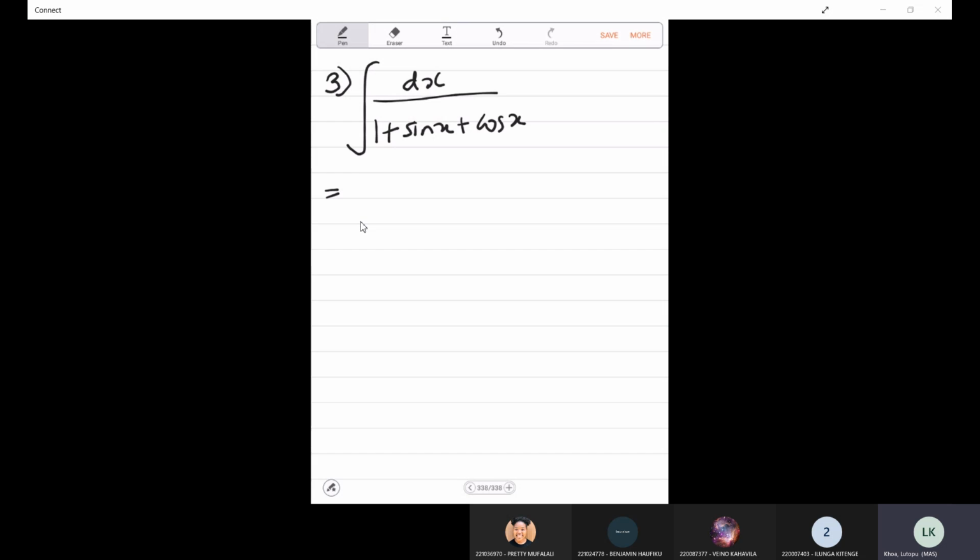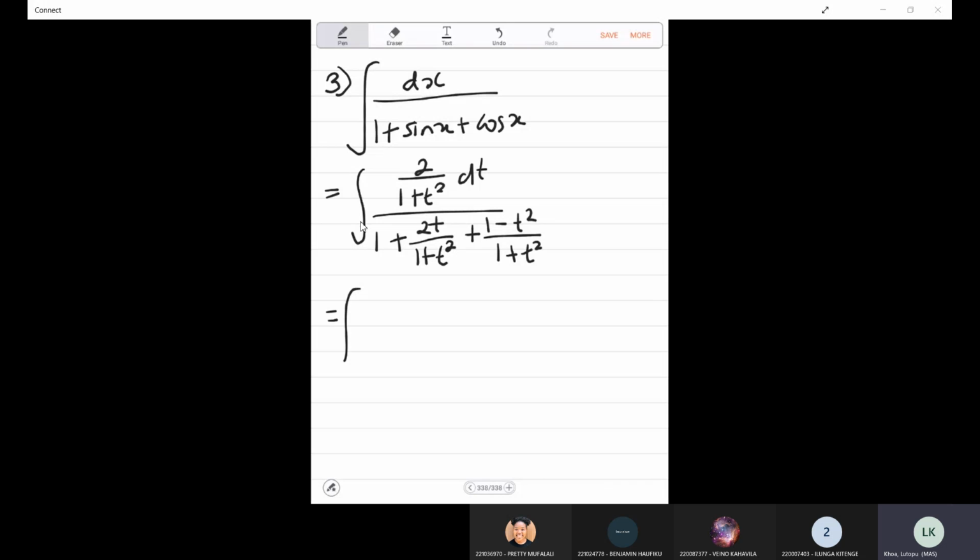This is the integral, dx we said is 2 over 1 plus t squared dt, and then 1 plus sine x, that is 2t over 1 plus t squared, and cos x is 1 minus t squared over 1 plus t squared. Okay, then this fraction here we need to simplify. So the first fraction, the one in the numerator, is just 1 plus t squared.